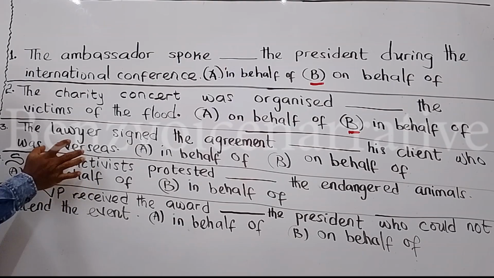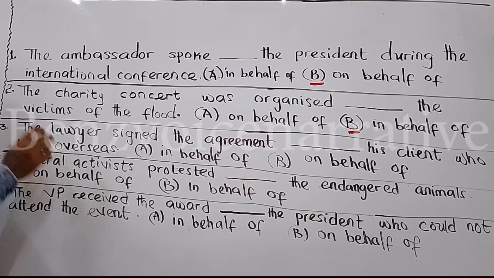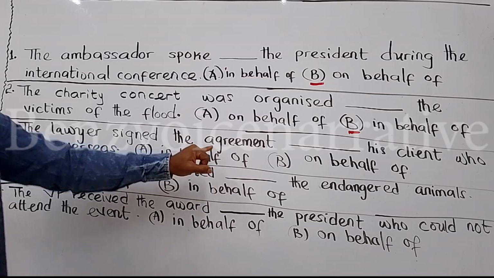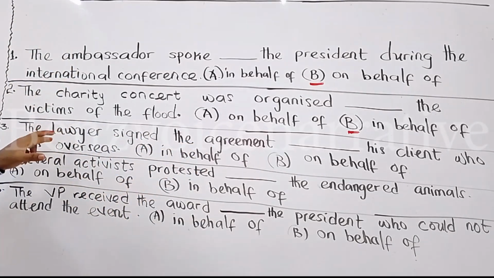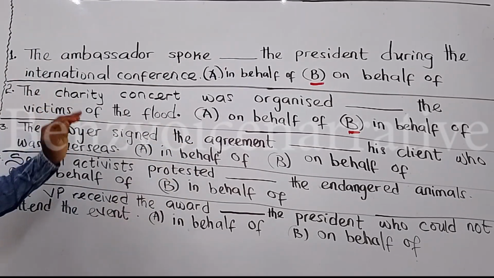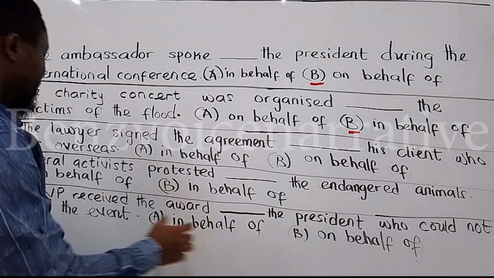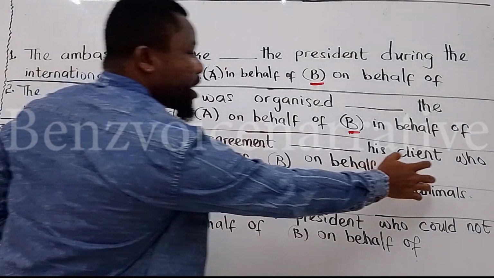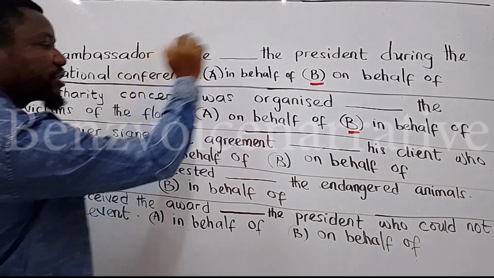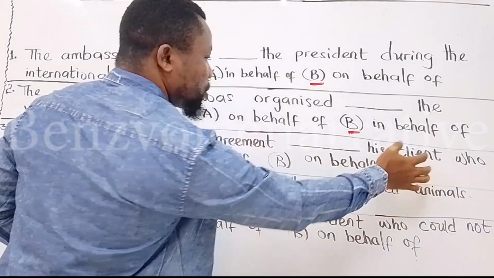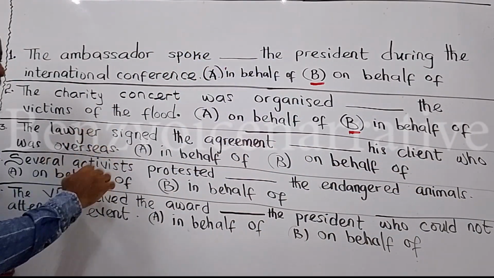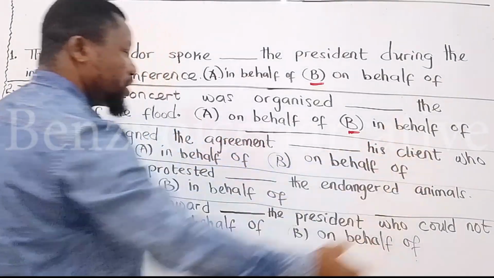Because this person was overseas at the time that the agreement had to be signed, the lawyer functioned in the capacity of his client. So the lawyer is functioning on behalf of the client. The lawyer is representing the individual.